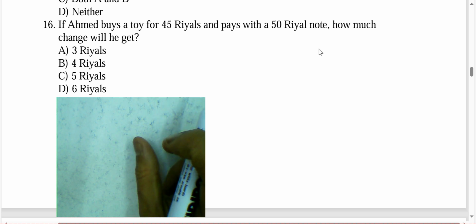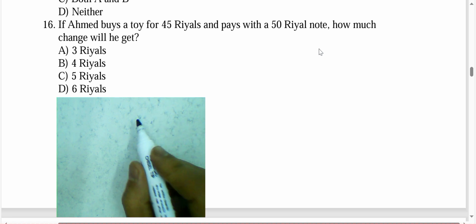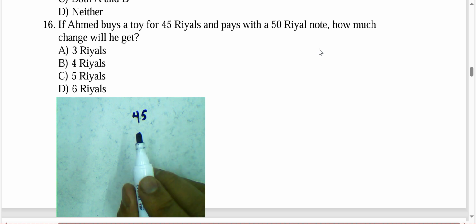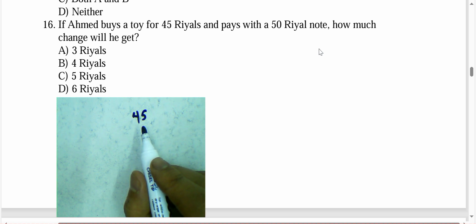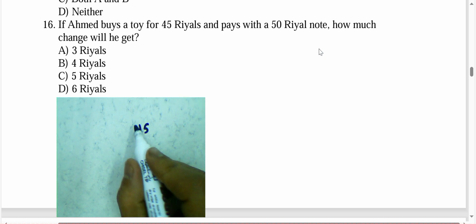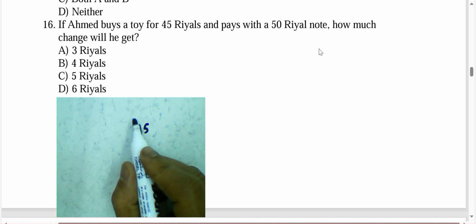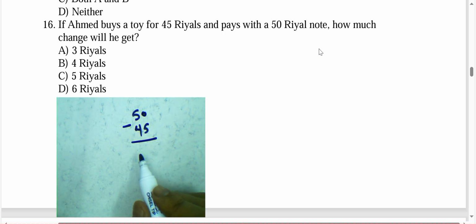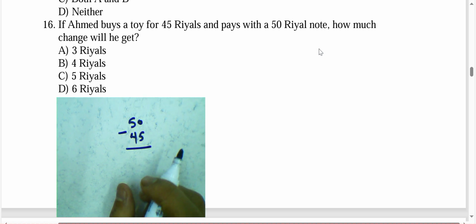He pays for a 45 riyal toy with a 50 riyal note, so how much change will he get? He will get the difference between 45 and 50. 50 minus 45 will be 5.